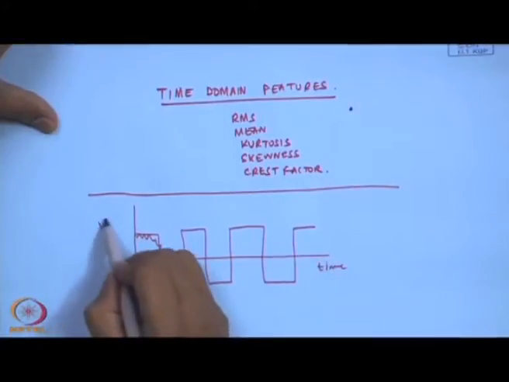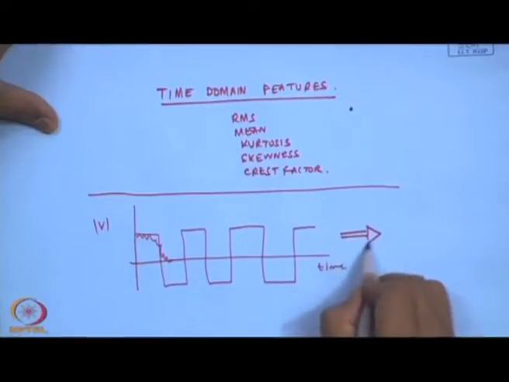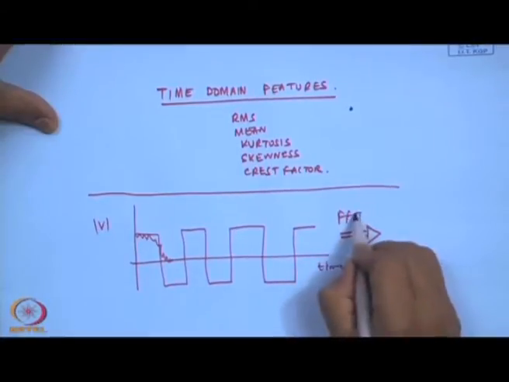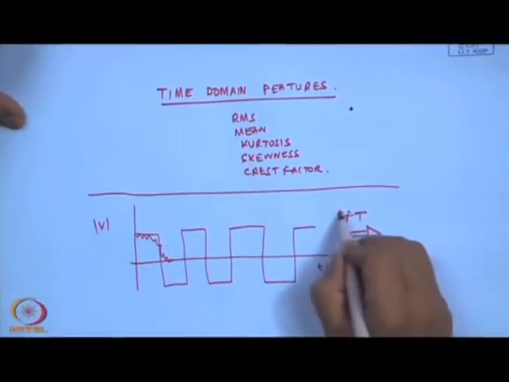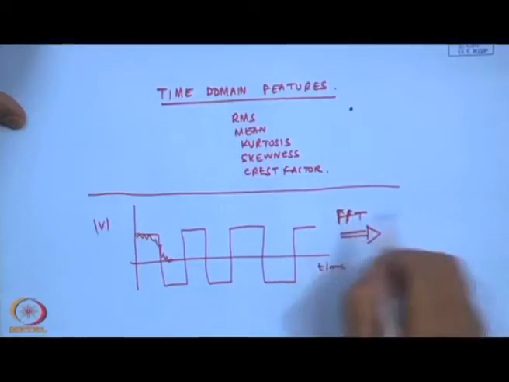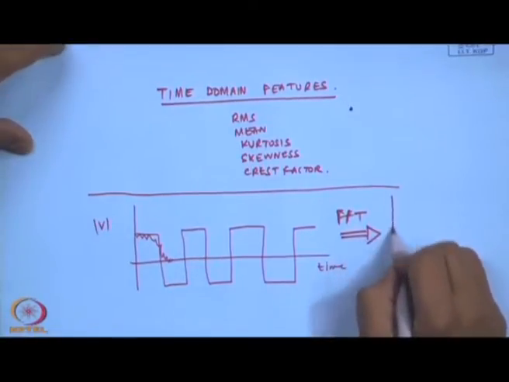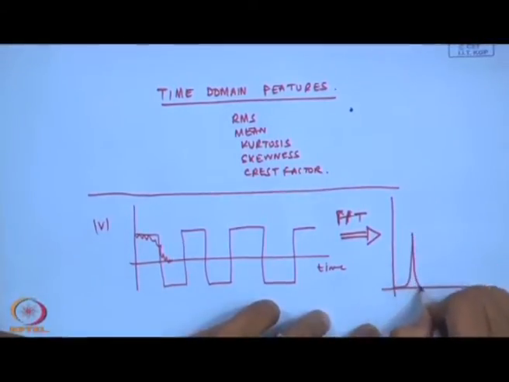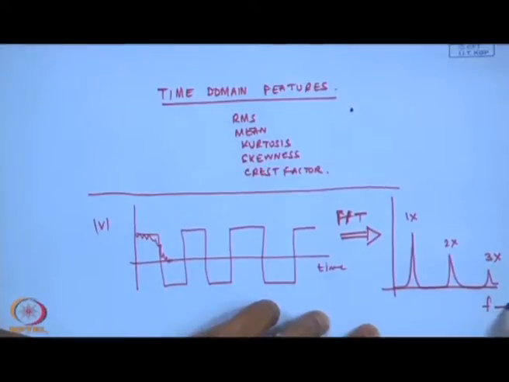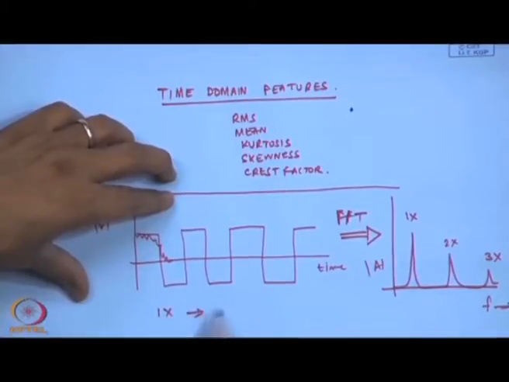So, if somebody was going to do a frequency domain analysis of such signals, and the normal method of doing frequency domain analysis is by the FFT process, you will see a lot of, this is your typical 1x, 2x, 3x. By 1x I mean the normal rotational speed.